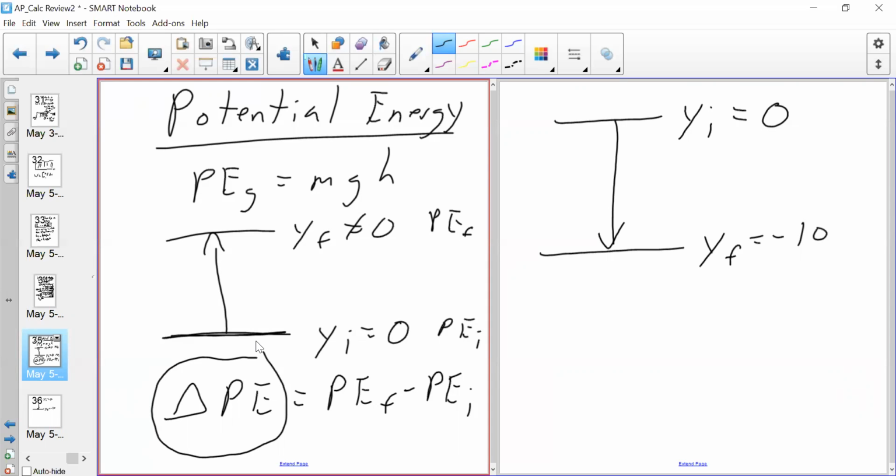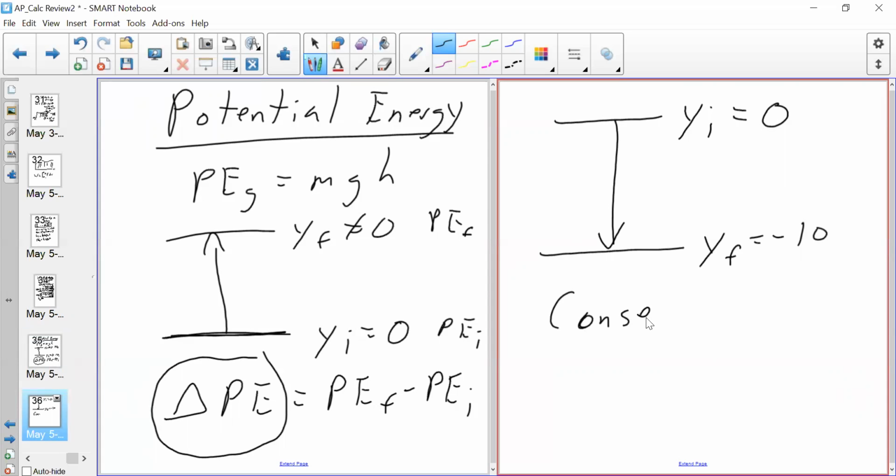All right. We talked about elastic potential, which is 1/2 kx squared. Conservative and non-conservative forces. Non-conservative forces: friction, air resistance.